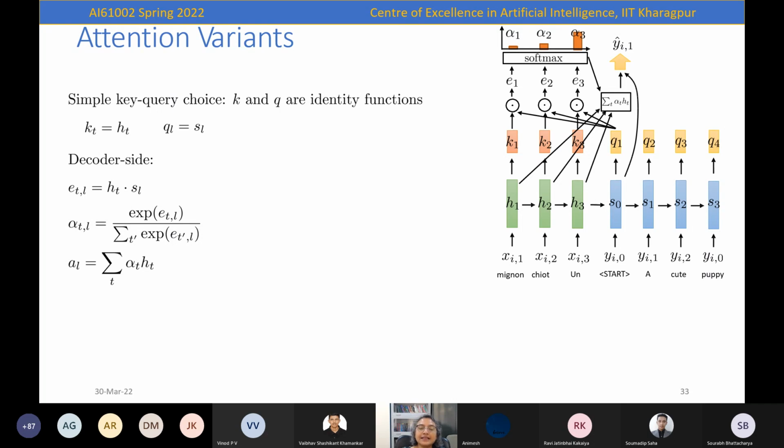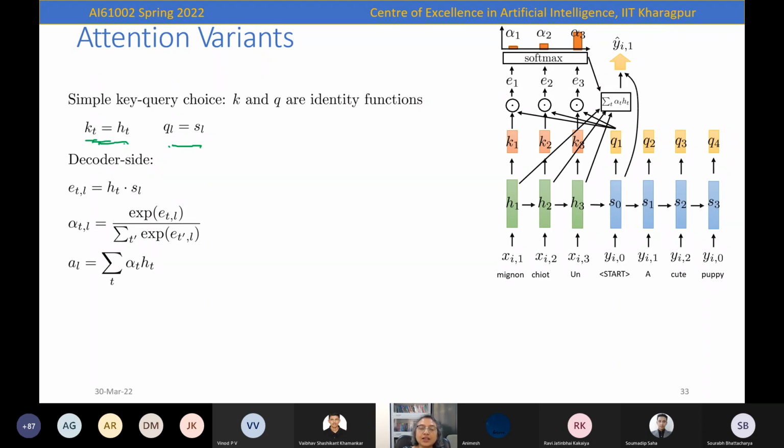Now, if you want a very simple model, KT could be HT itself and QL could be SL itself. But we gave a more general model. You could also have KT as another function of HT, which is useful when you have attention with multiple heads, which we will talk about later.